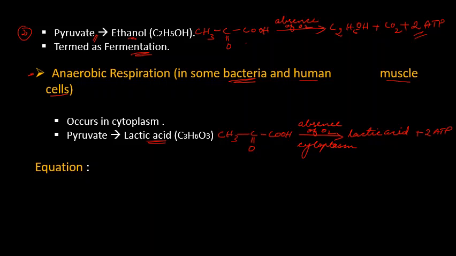And as a result of this conversion of pyruvate into lactic acid, the more lactic acid produced gets accumulated in muscle cells. That will lead to muscle cramp. What do you mean by muscle cramp?